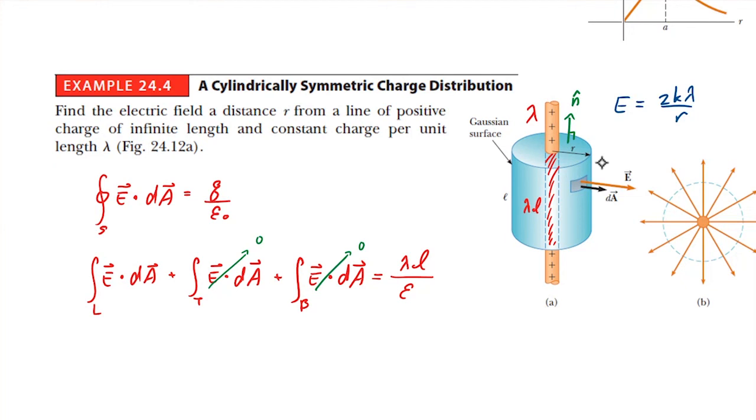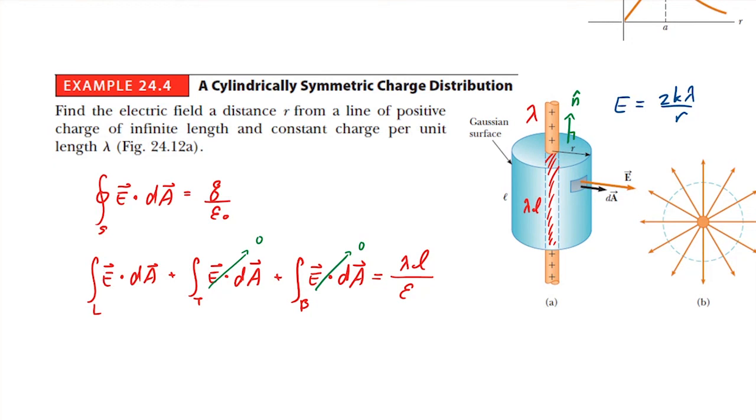Because once again, if you have this field, then that's going to be canceled out by another charge in the infinitely long wire. So there's no penetration here. Mathematically, the dot product, cosine 90, gives you 0. Physically, there's no electric field in the up or down, vertical direction. So it does not give you any penetration here. So that flux count is 0. Does that make sense to you?